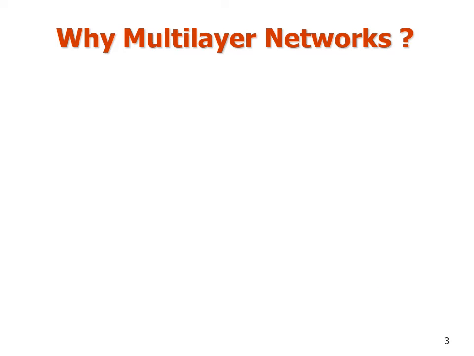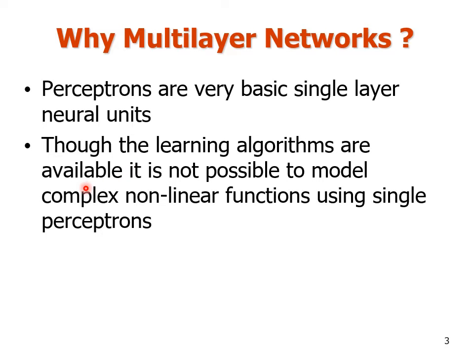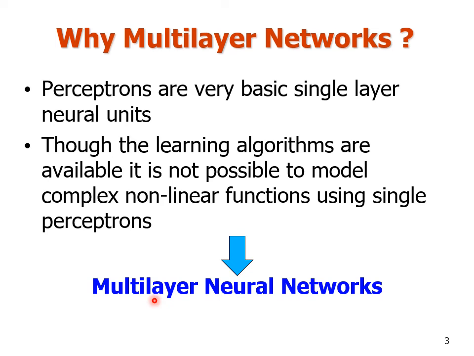As we have discussed in previous sessions, perceptrons are very basic single layer neural units. Though the learning algorithms are available, it is not possible to model complex nonlinear functions using a single perceptron, and hence there is a need to look at different kinds of or advanced neural networks, and here we are going to discuss multi-layer neural networks.